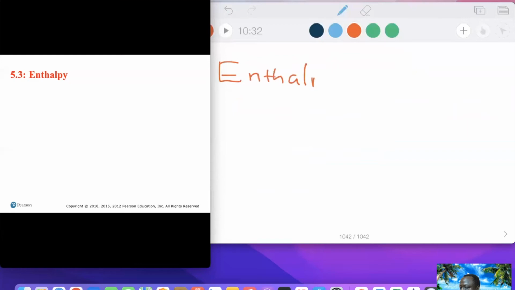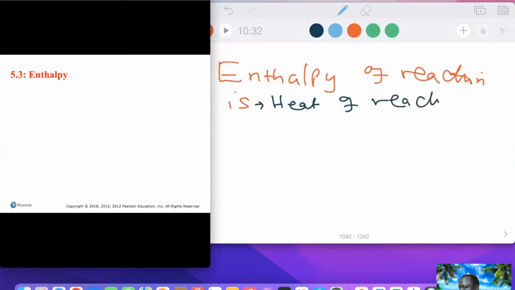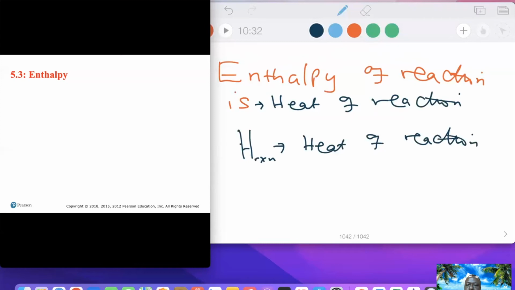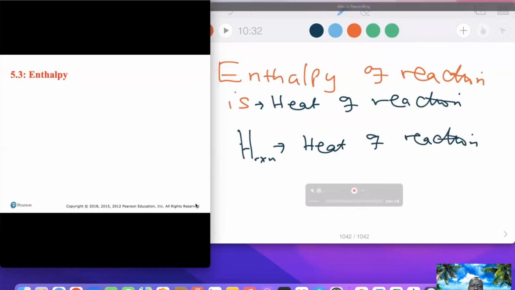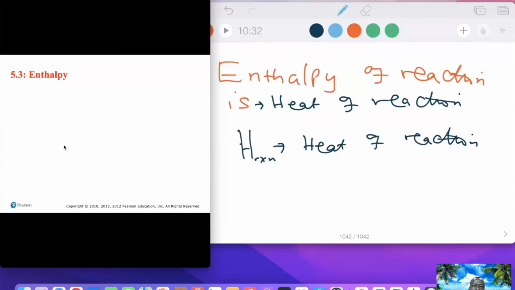Enthalpy of reaction is simply heat of reaction, which we can write as H Rxn, where the subscript Rxn means reaction.